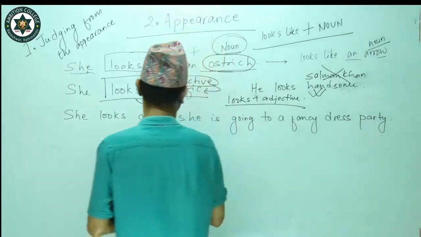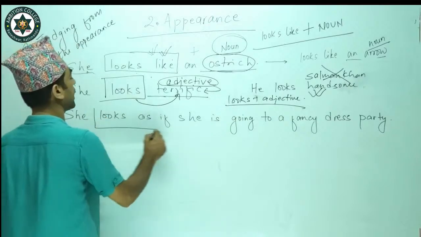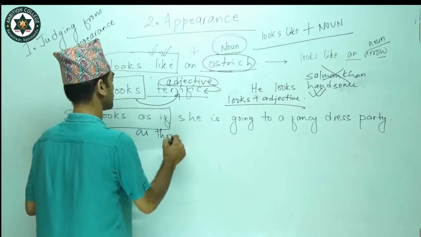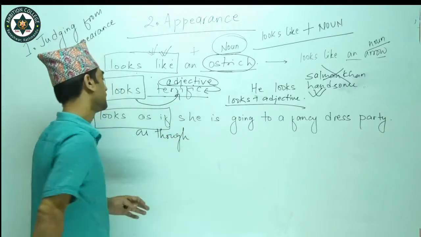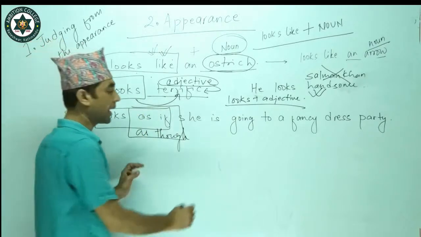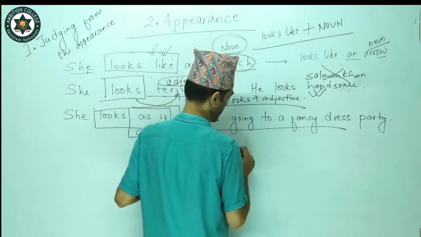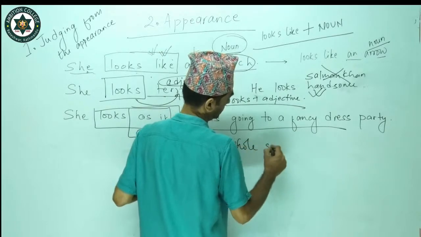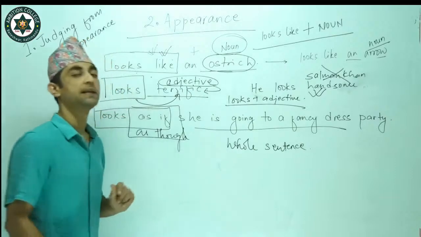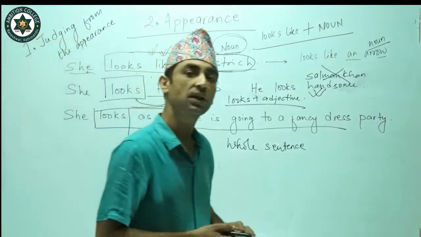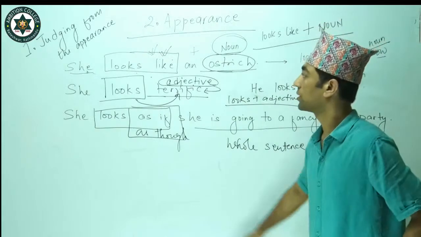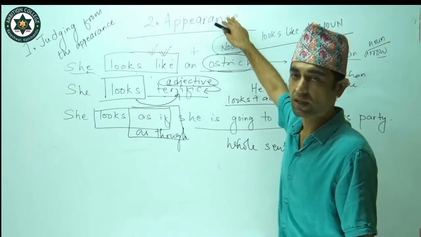And next is, if we use looks plus as if or as though, we are supposed to use the whole sentence. So these are the three structures that we need to know to judge the appearance. With looks like, comes the noun.